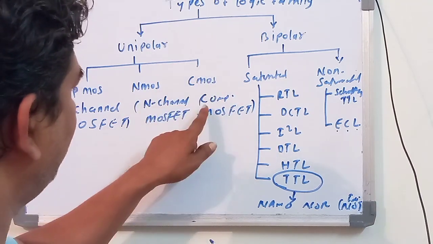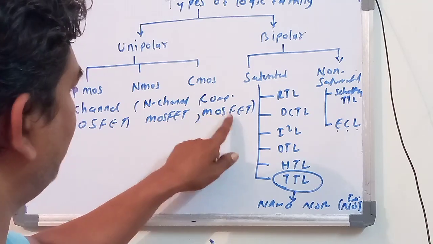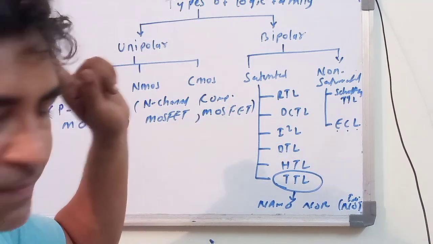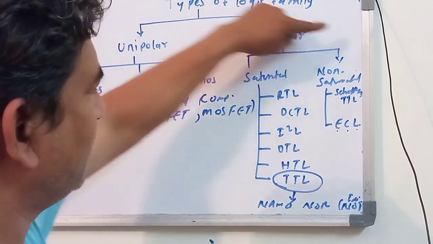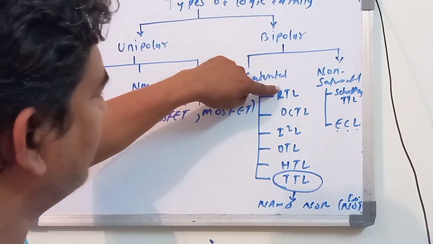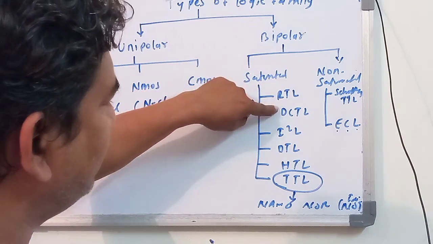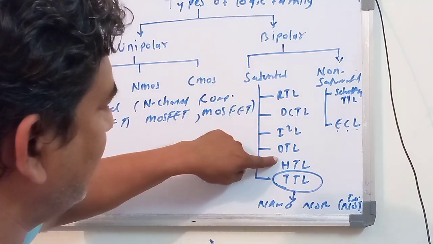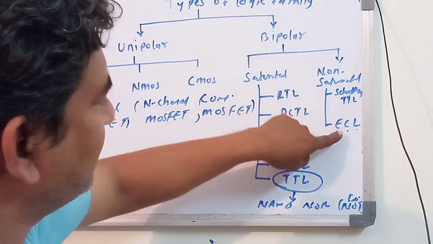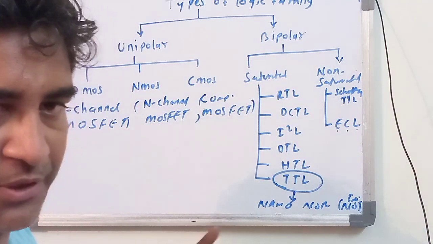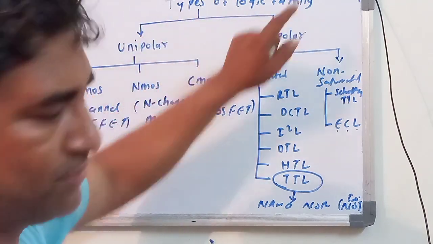The CMOS is a complementary metal oxide semiconductor field effect transistor. Bipolar is classified into two types, saturated and non-saturated. The saturated is called RTL, DCTL, I square L, DTL, HTL and TTL. The non-saturated is Schottky TTL, and second is the ECL. So this is the classification of the different types of the logic family.